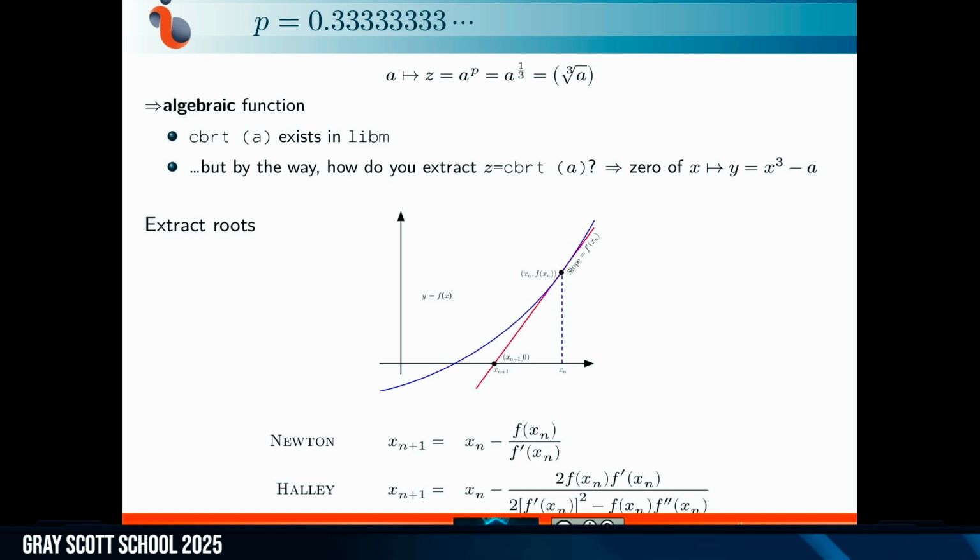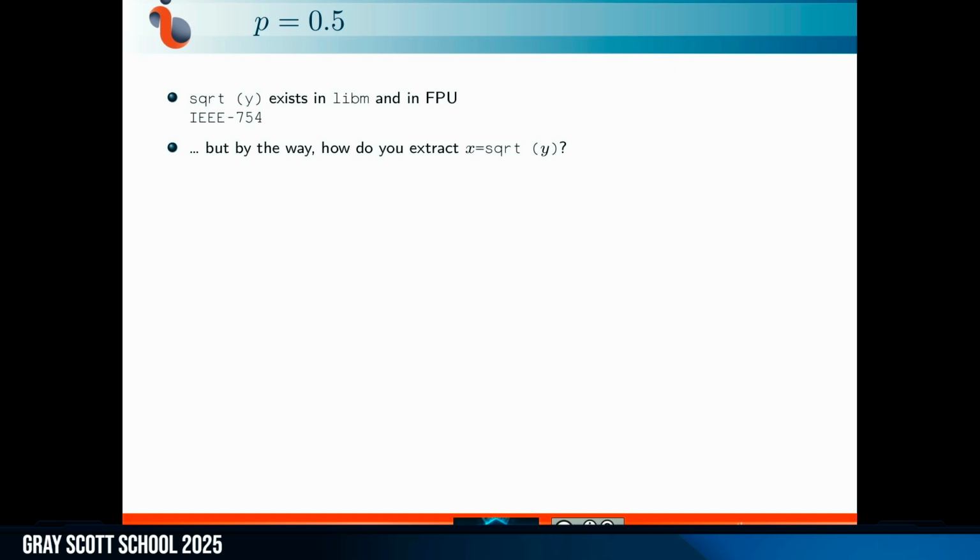The nice point about the Halley method compared to the Newton method is that Newton is quadratic. If you have one good digit at step 1, you have 2 good digits at step 2, and 4 at step 3. And for Halley, it's cubic. So 1 good digit means 3 good digits at the next step and 9 at the next one. So it costs more, but why not?